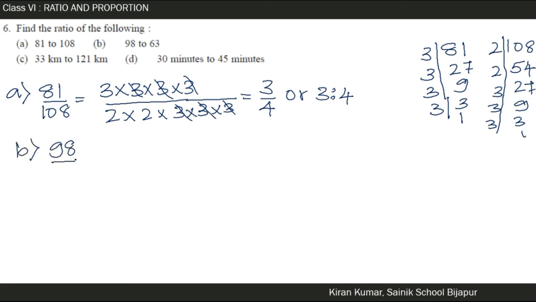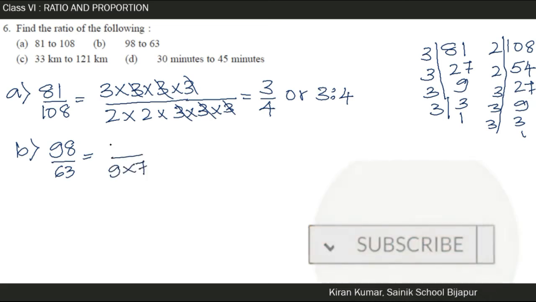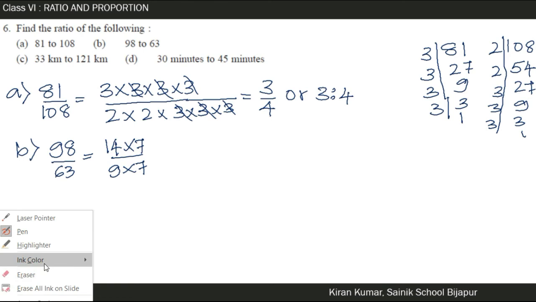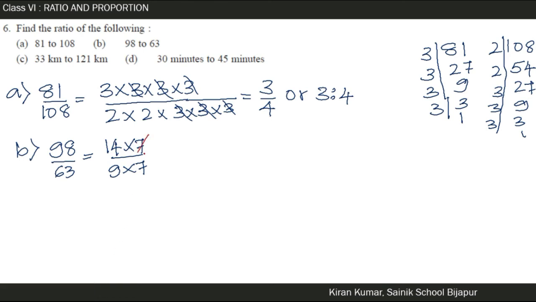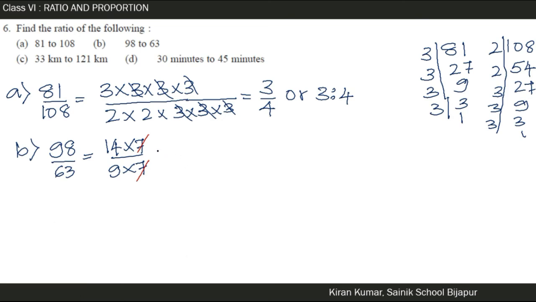Second one is 98 upon 63. We all know that 63 is 9 multiplied by 7 and 98 is 14 multiplied by 7. Here the 7 and 7 will get cancelled. We will be getting 14 upon 9 or 14 is to 9.